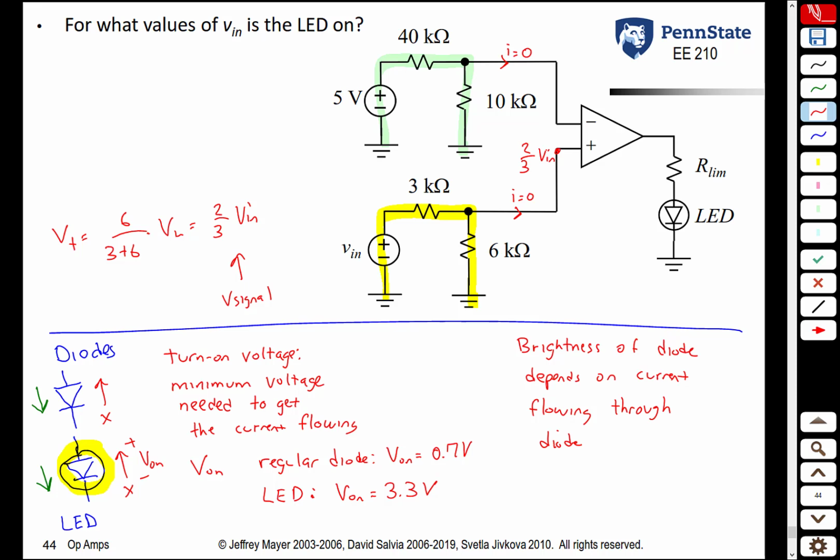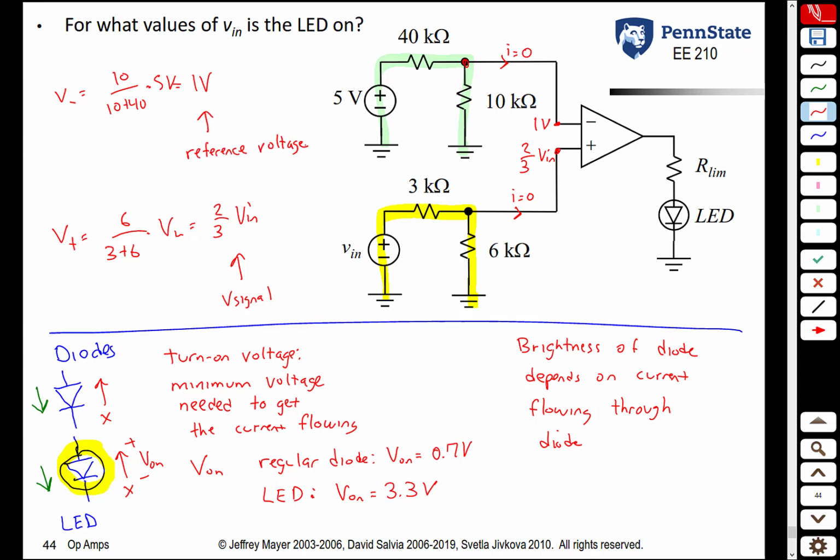Now let's look at the other voltage divider. The voltage here is going to be what? 10 over 10 plus 40 times 5 volts. So V minus is equal to 10 over 10 plus 40 times 5 volts, or 1 volt. So the voltage here is 1 volt, and this is our reference.